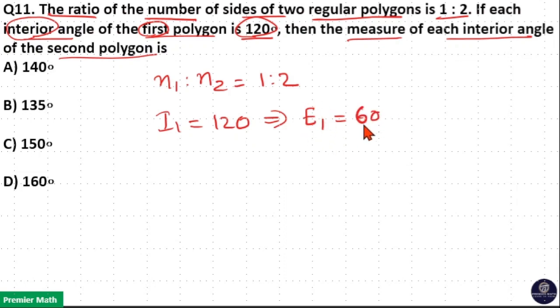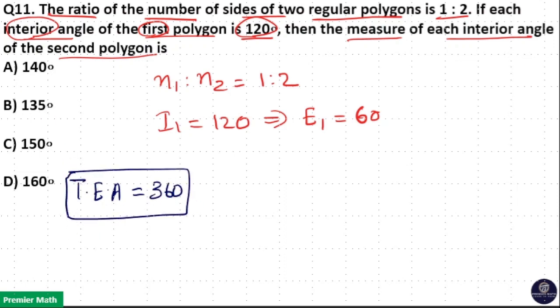If the exterior angle is 60 degrees, you already know the total exterior angle of any polygon is 360 degrees. Each exterior angle in the first polygon is 60 degrees, so the number of sides of the first polygon is the total exterior angle divided by the angle of each exterior angle.